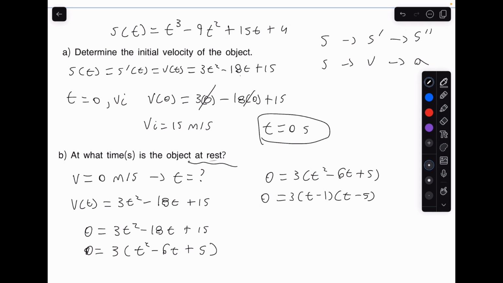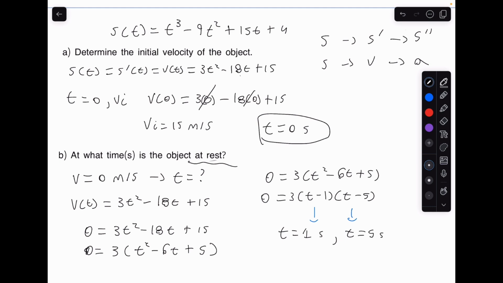All right, that's great and all. We discovered that object at rest means v equals 0, and we factored this. But how do we actually get the times? Super simple. Now we just take the roots. So v is equal to 0, or the object is at rest, at t is equal to 1 second, and at t is equal to 5 seconds.